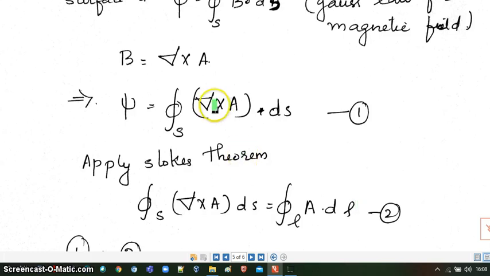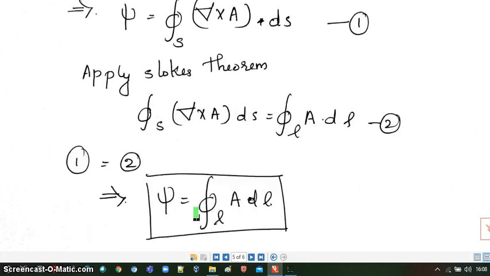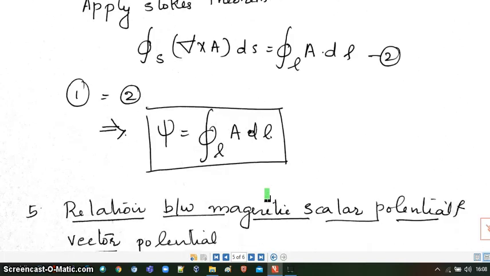Comparing the two, finally I can write psi is equal to the line integral of A dl, where A is the magnetic vector potential. This is another expression for magnetic flux in terms of magnetic vector potential.